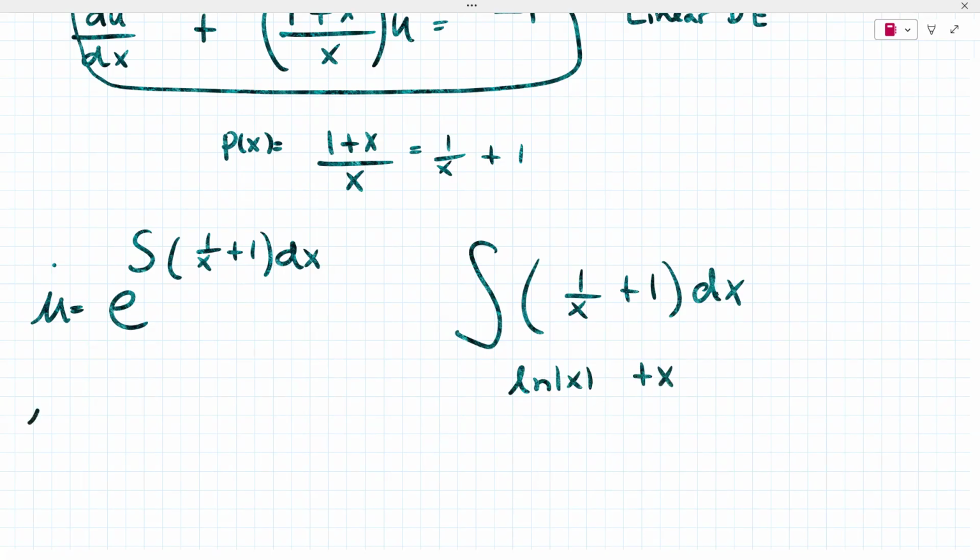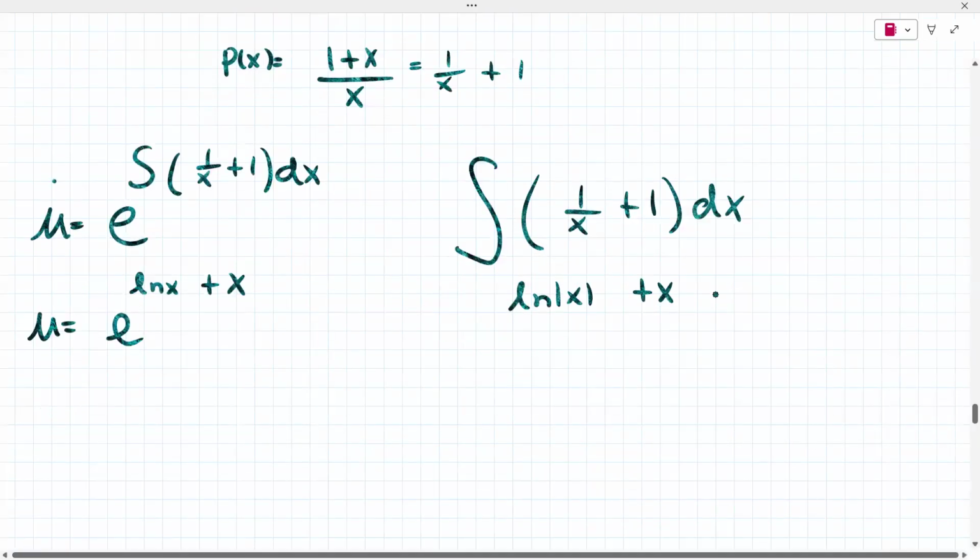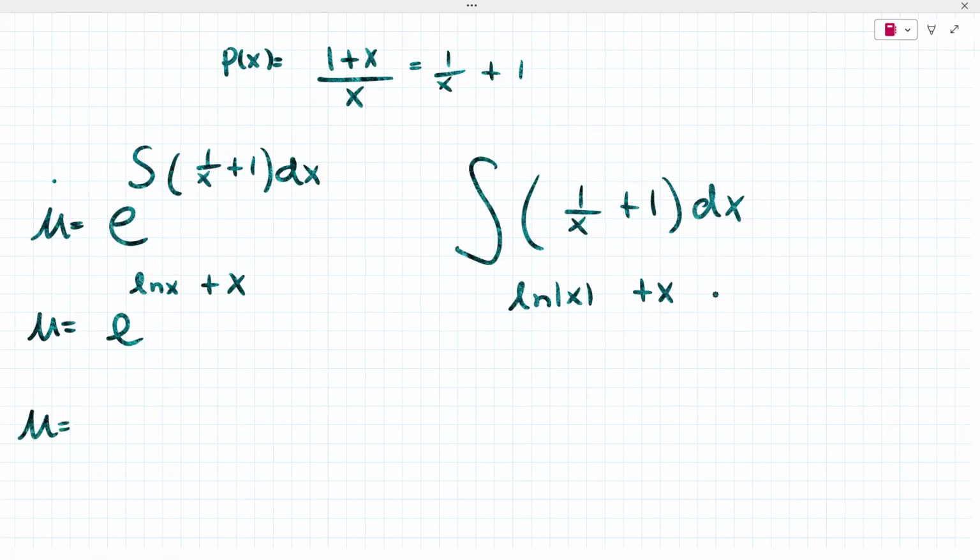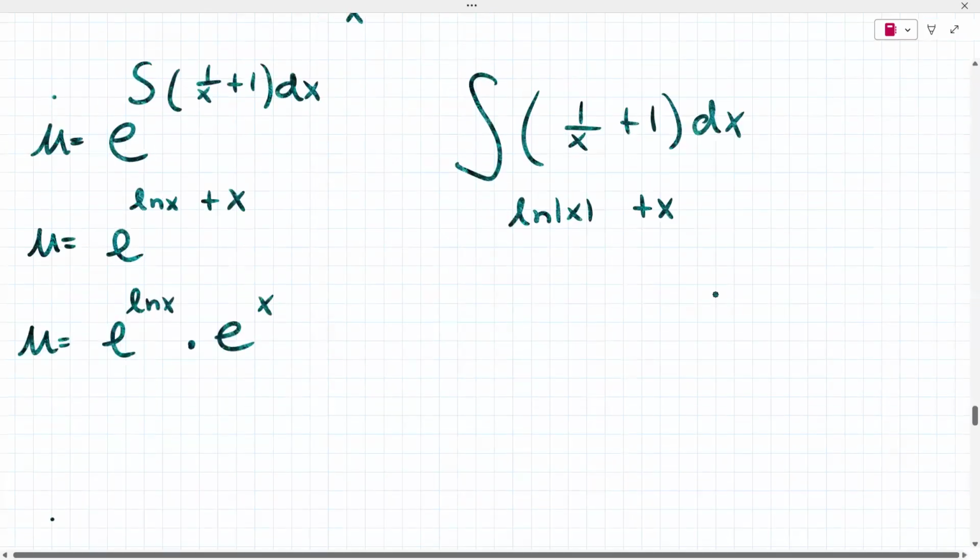So now you have mu equals e to the ln of x plus x. And then we can simplify this. E raised to the ln of x plus x is the same thing as e to the ln of x times e to the x.